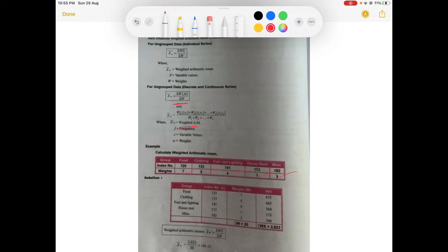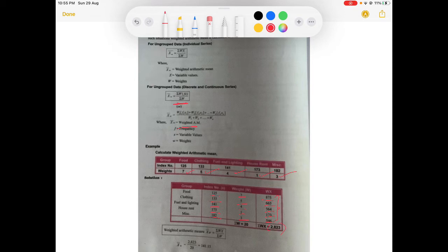We'll multiply first W into X. So we multiply 125 into 7 to get 875. 133 into 5 to get 665. 141 into 4 to get 564. 173 into 1 to get 173. 182 into 3, 546. Then we add all these wx values to get 2823.